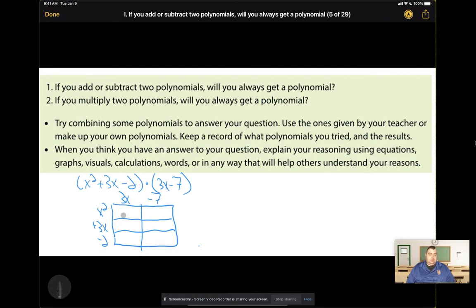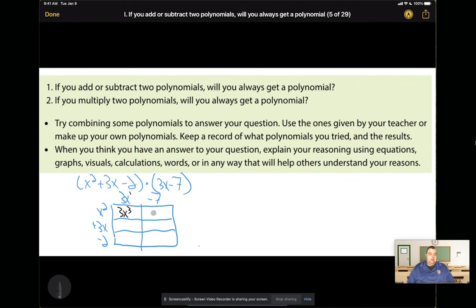So we're going to start up here. So x squared times 3x is going to be 3x cubed. Whenever I multiply, I add the exponents on the variables. So this is x to the power of 1. So x squared times x is x cubed, and then I carry on that 3 here.